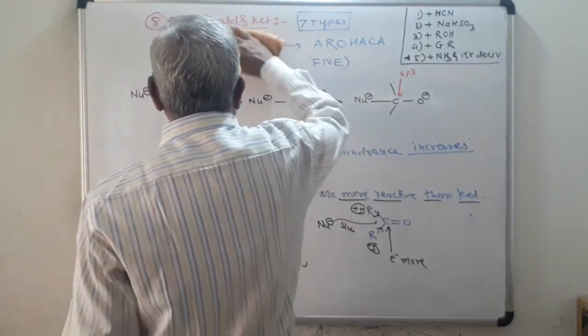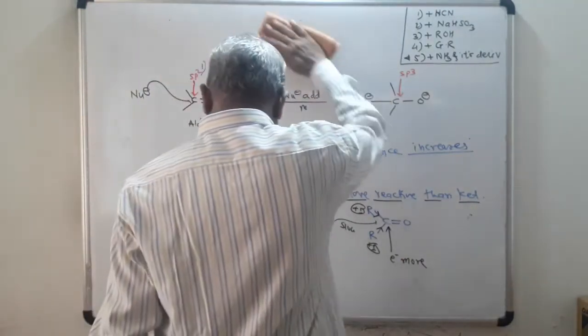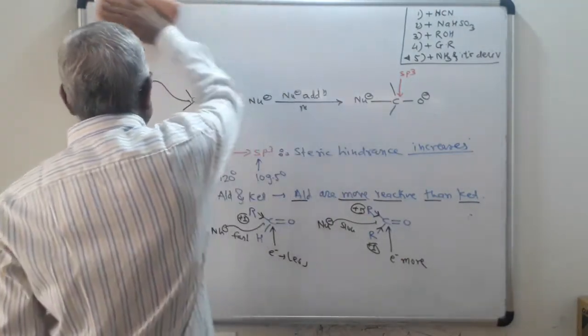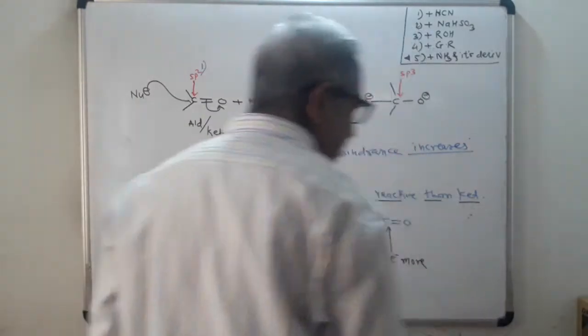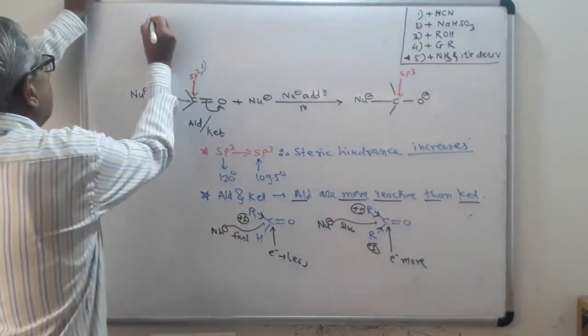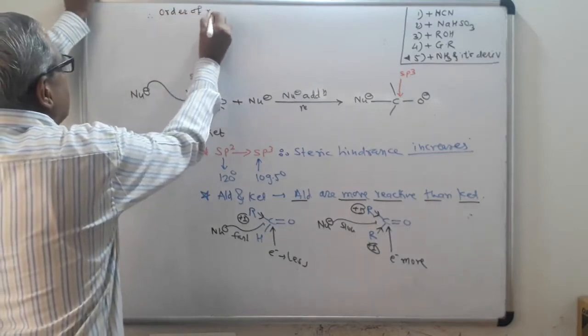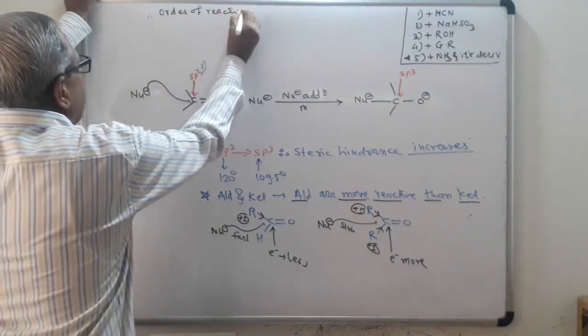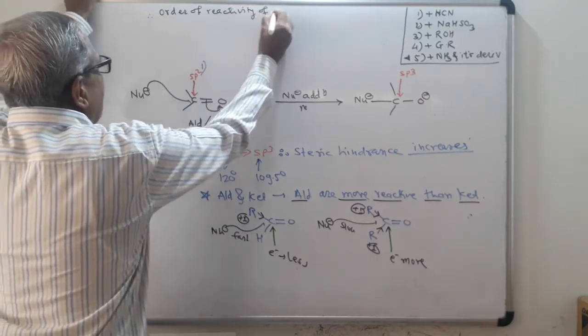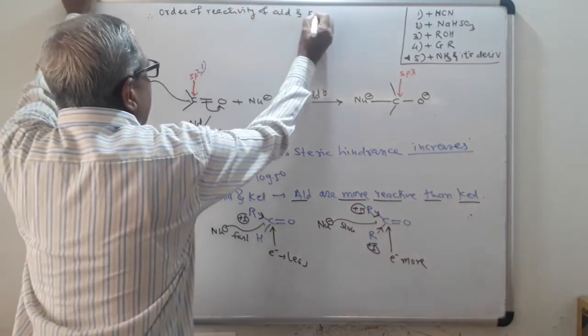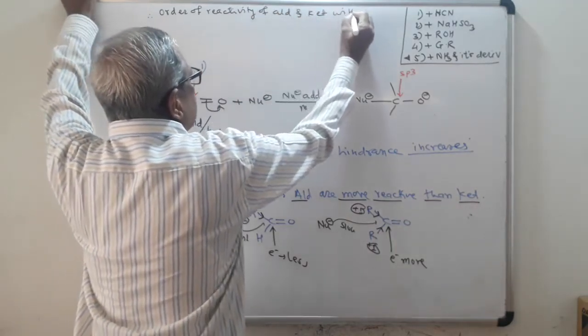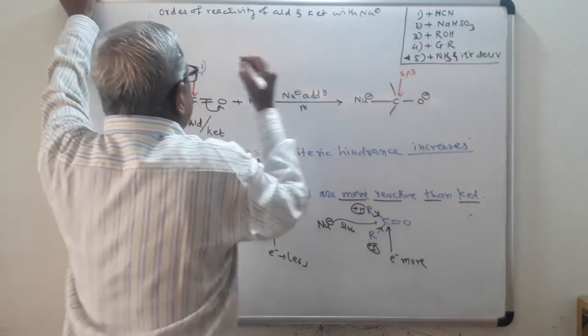So I will explain the point: the order of reactivity of aldehyde and ketone with a nucleophile is as follows.